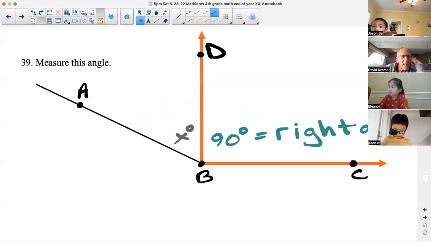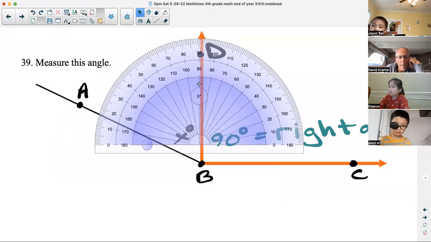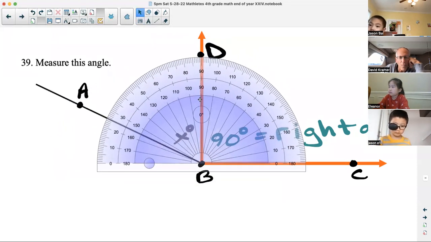So let's see if we can do that with a protractor. I'm going to get a protractor now, and we're going to move it. Do you see where I'm going to put the vertex B? Right on the bottom of the middle of the semicircle.